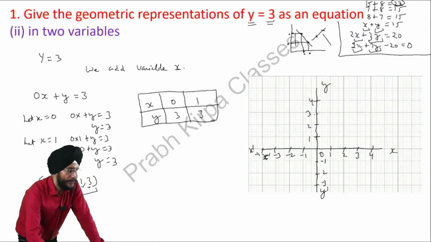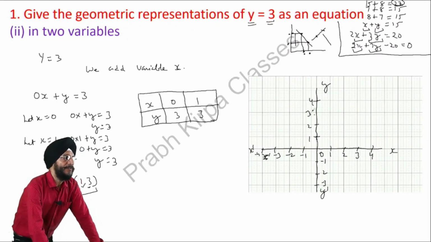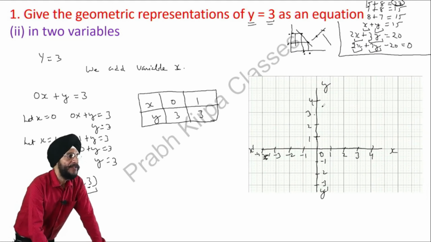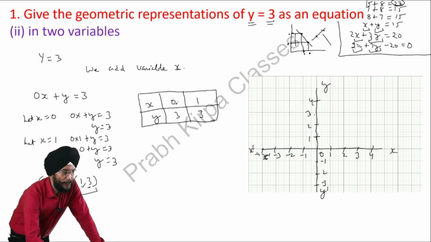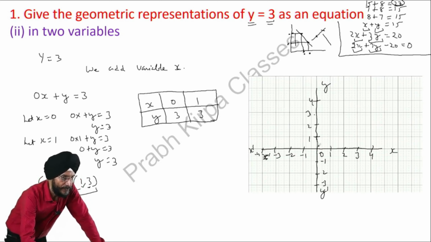Now on the basis of the solutions which we have found, that is, on the basis of the values of x and y which we have found, we will form the graph. Now this is the value of x, this is 0, value of x is 0. Now the value of y is 3, so here the value of y is 3.